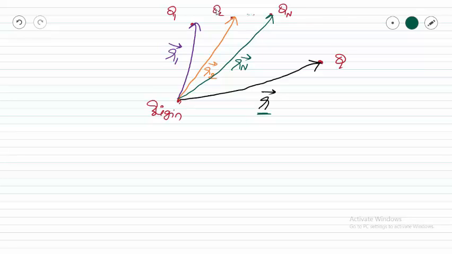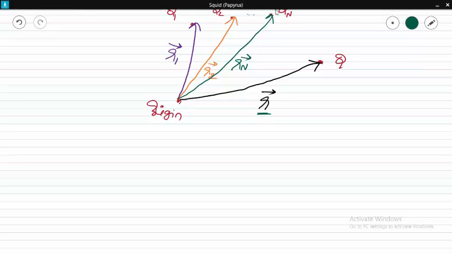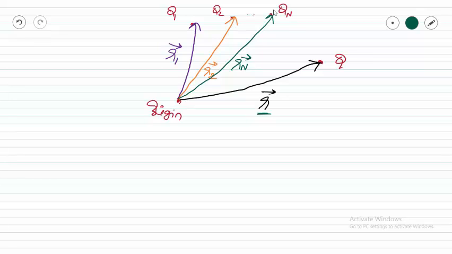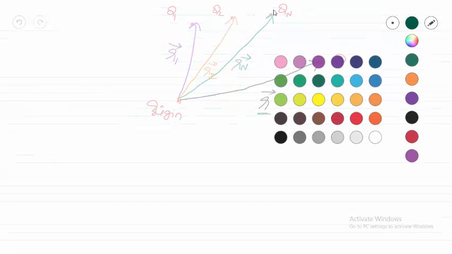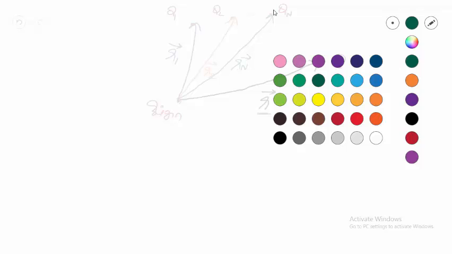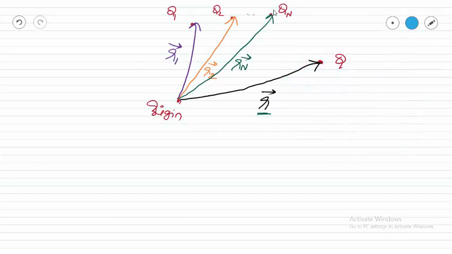Then assume only q2 is present, and find the force acting on q due to q2 alone, and so on. Add all these components to find the force acting on q due to all n charges by applying the superposition principle.